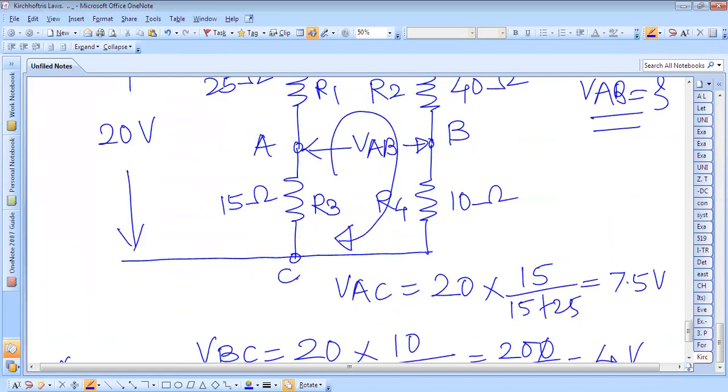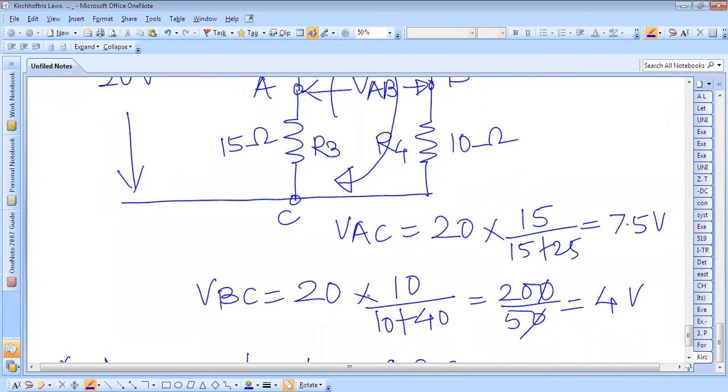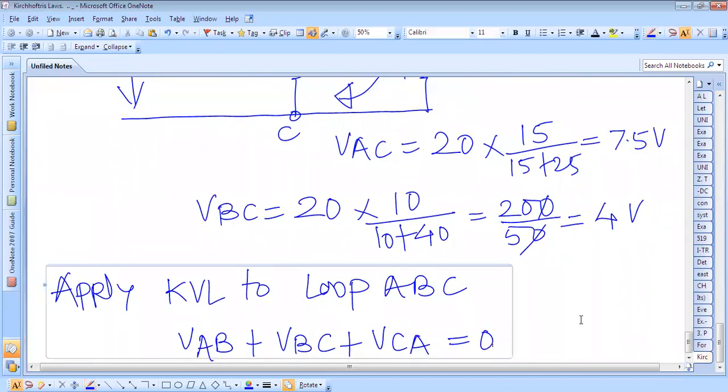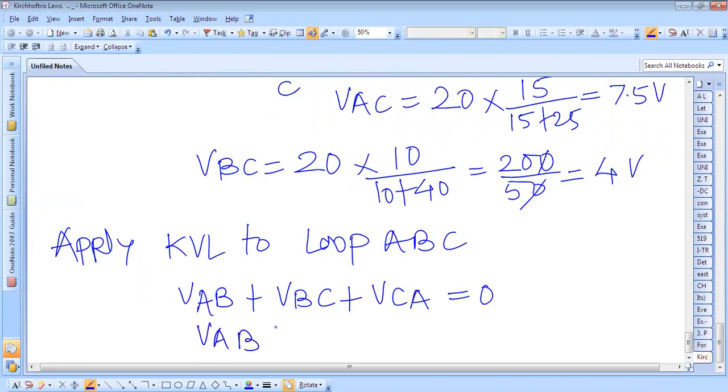And we have with us VAB. We have to find VAB is equal to minus VBC, it is 4 volt, and VCA is there, but we have VAC.